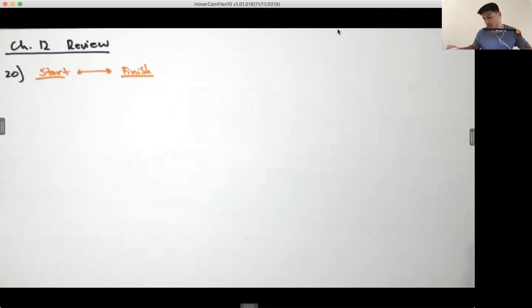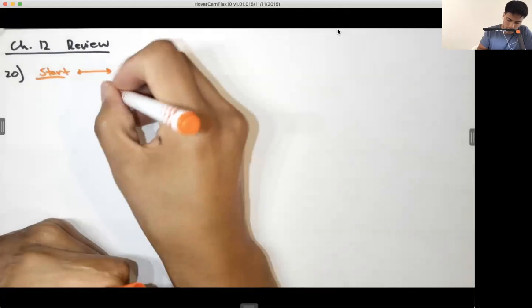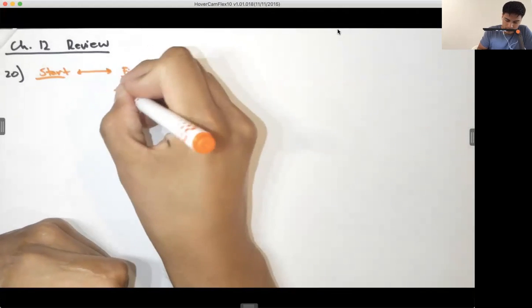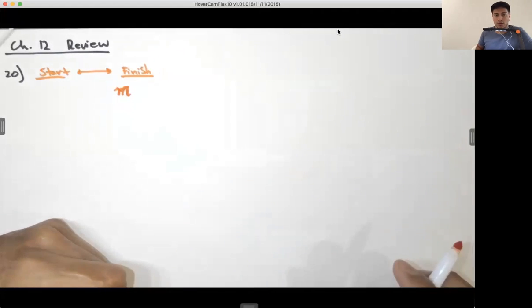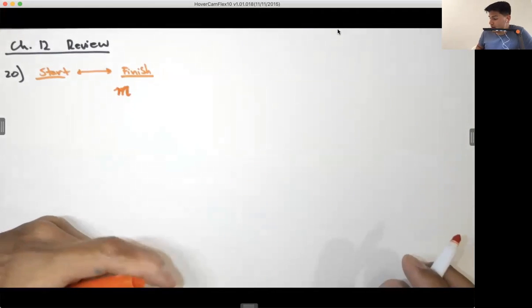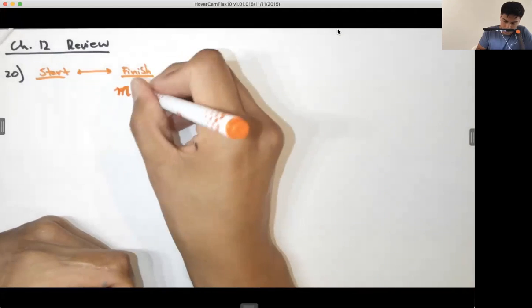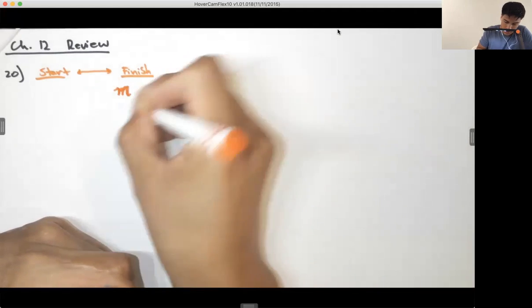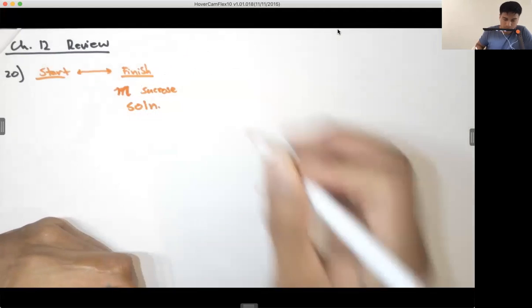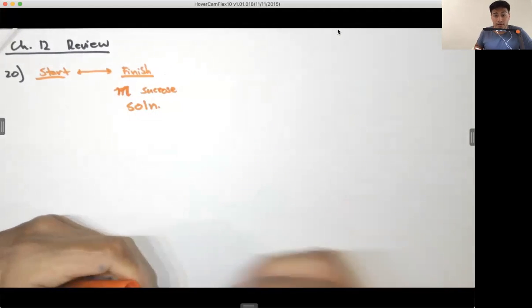What's the finishing point? What is the molality, right? So M, molality, we use this cursive M of sucrose solution. So I'm just going to put sucrose solution. So we want to know the molality of sucrose solution.